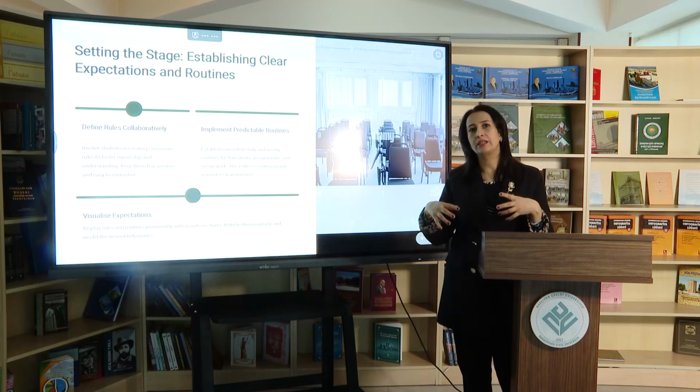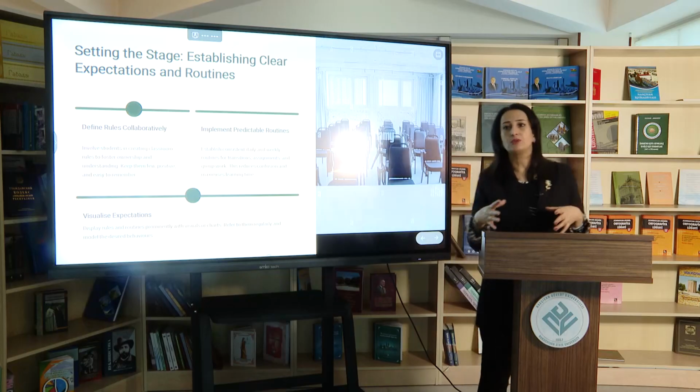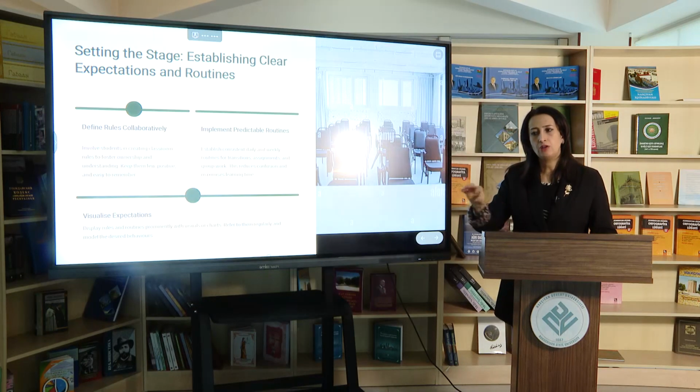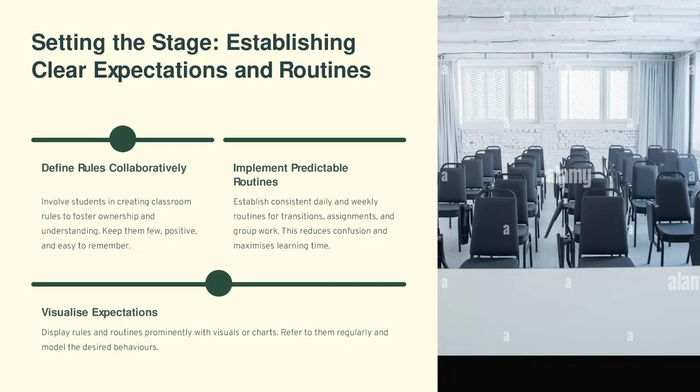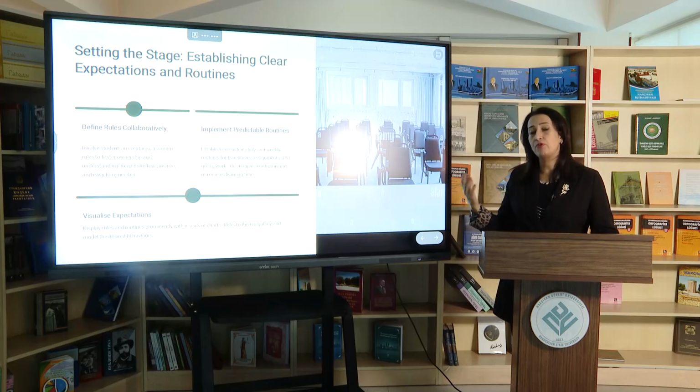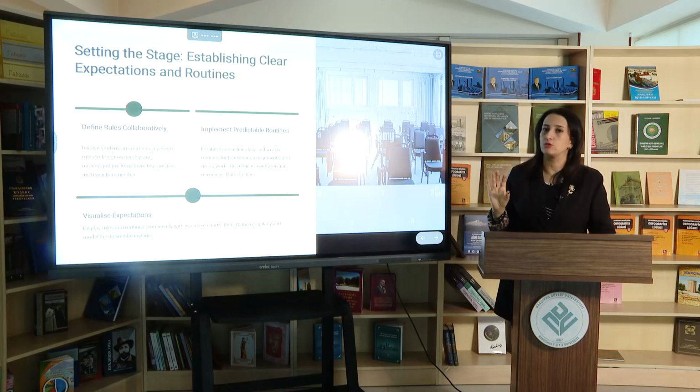Maybe sometimes they get confused about it. But when we say that every Monday we will do reading, and every Wednesday we will do speaking activities, they will know that beforehand. They will know which lesson will be held in the classroom. That's why it is very good for our students.